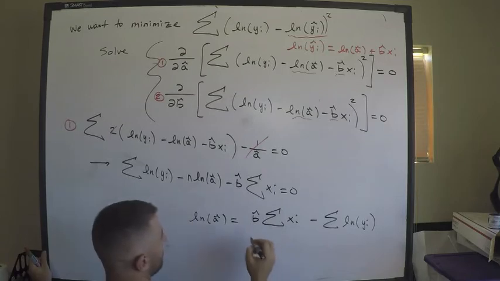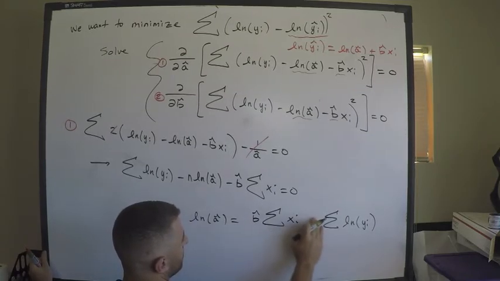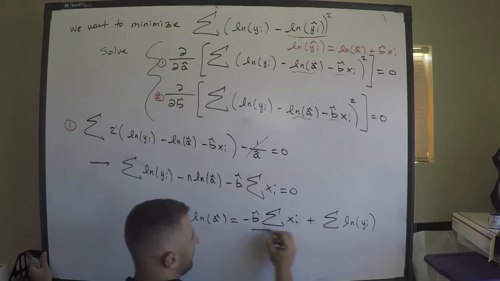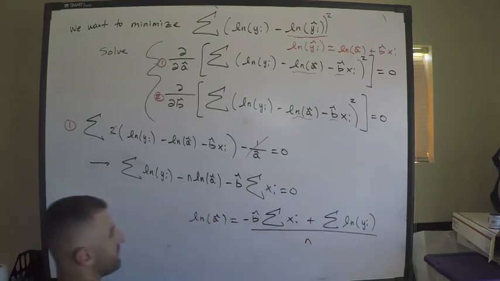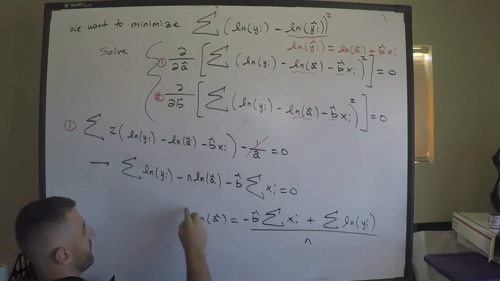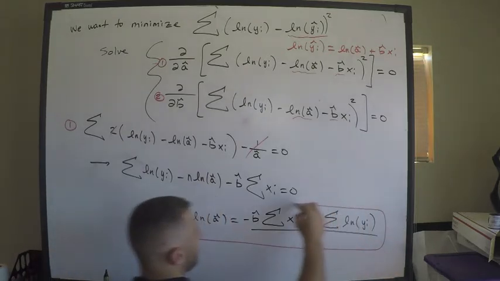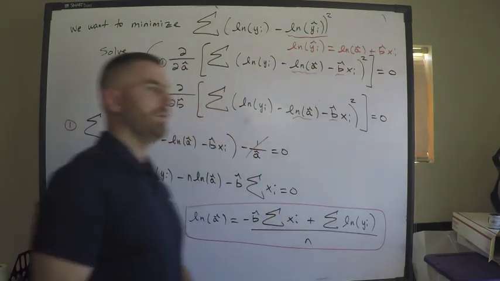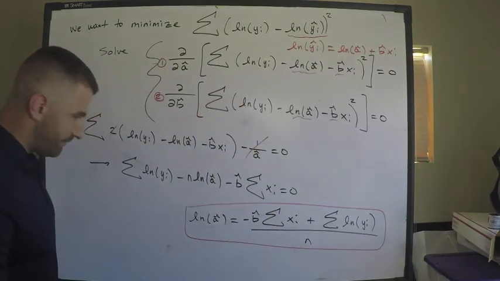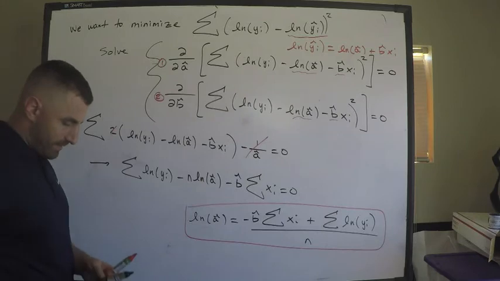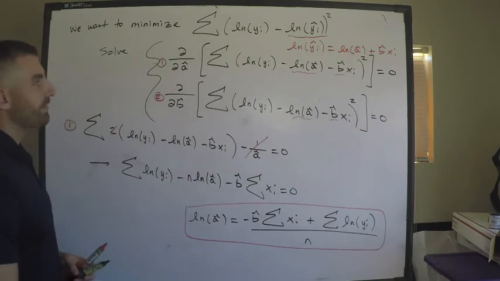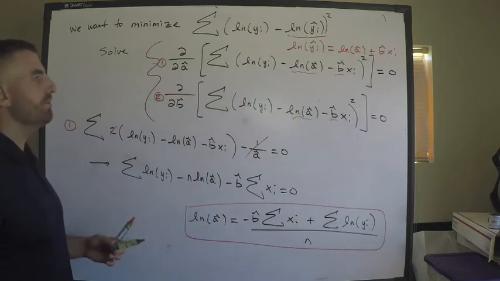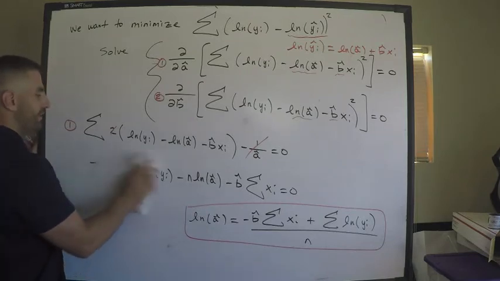Let's make this negative and this positive and divide by n. So this is the value I want to use for ln of a hat. And remember, I'm really not that concerned with what a hat is, because on the job, we are really interested in where this b hat comes from. This b hat is used all over the place. This is why I care about it. Otherwise, I wouldn't even be doing this.